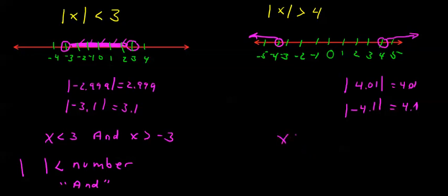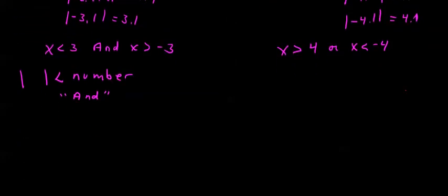X is greater than 4, or x is less than negative 4. So, when we have an absolute value and we're greater than some number, it's an OR situation.